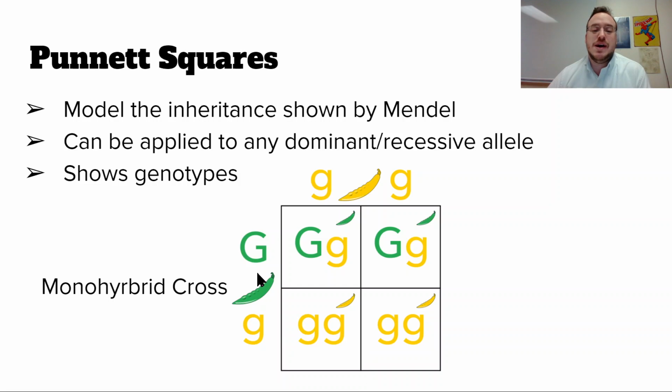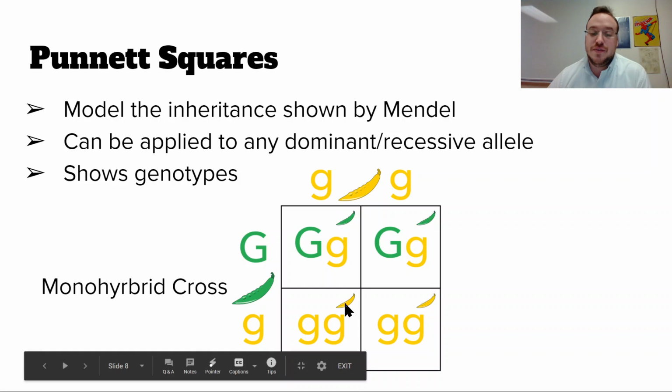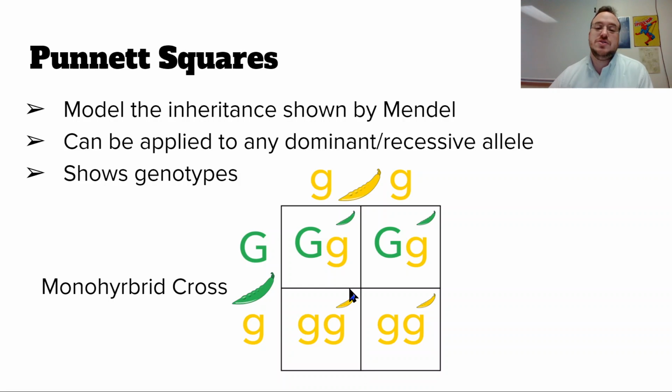It doesn't really matter though, right? If we switch these two, we're going to get the same results. A 50% presentation of green seed pods and a 50% presentation of yellow seed pods. Right? If we wanted to answer the question of which genotypes are possible, we'd get the same result, right? 50-50.